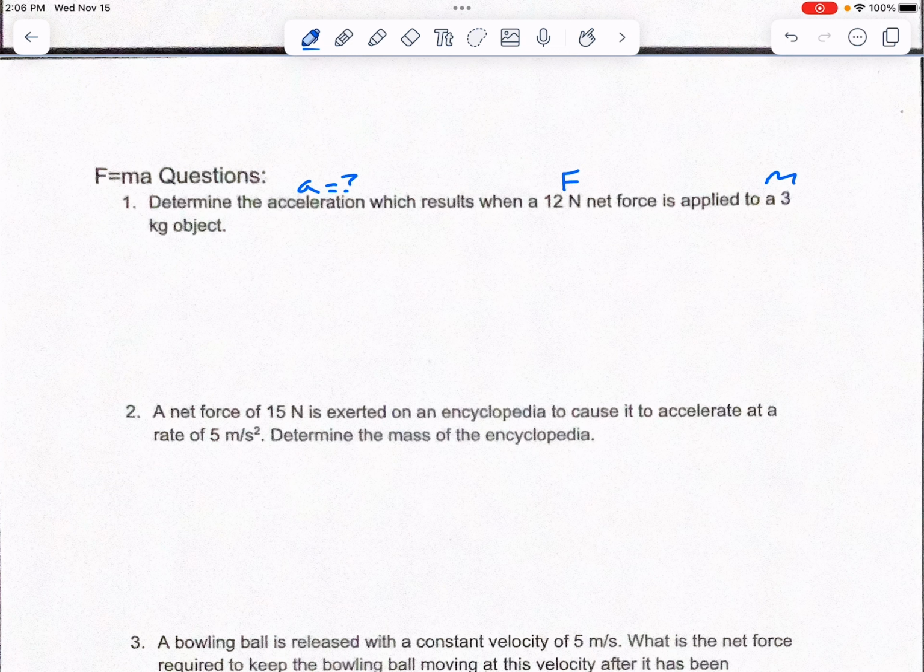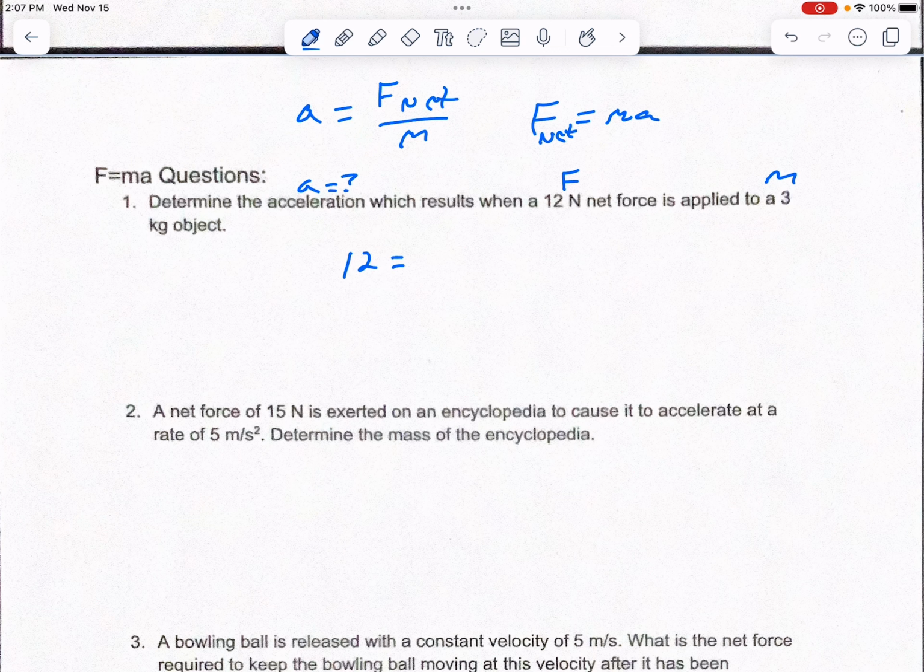Now you can do a equals F net over m if you want to. I always do F equals ma. Either one is fine, whichever you prefer. So my force is 12, my mass is 3, and a is what we're looking for. So 12 divided by 3, and you get an acceleration of 4 meters per second squared.